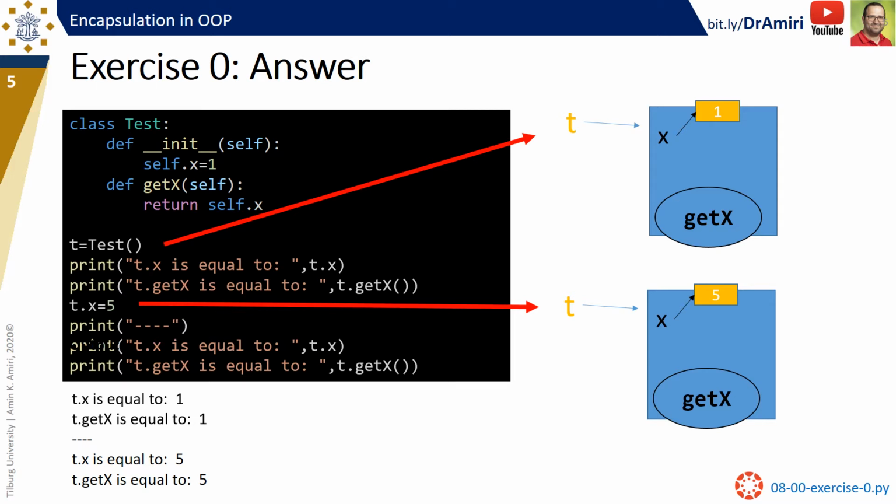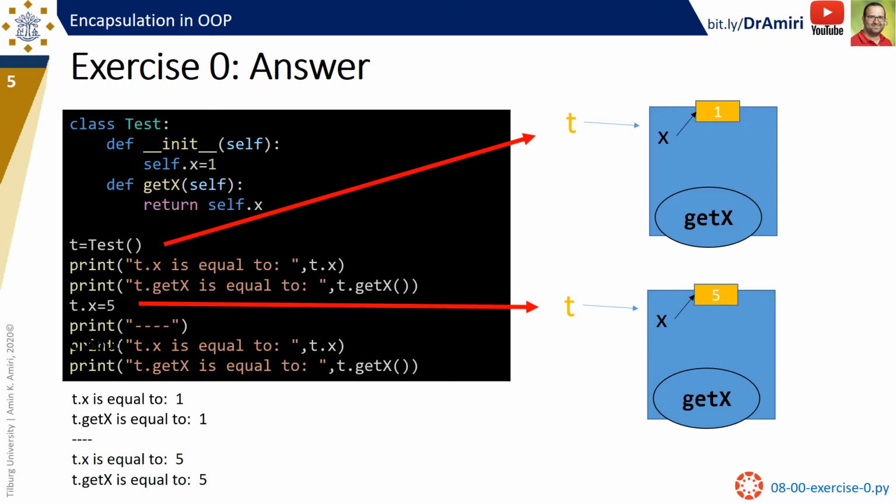And as a result of executing the dunder init, an attribute called x is created and it is set to 1. If you execute the next line, printing t.x, the value of x is 1 and 1 is going to be printed.